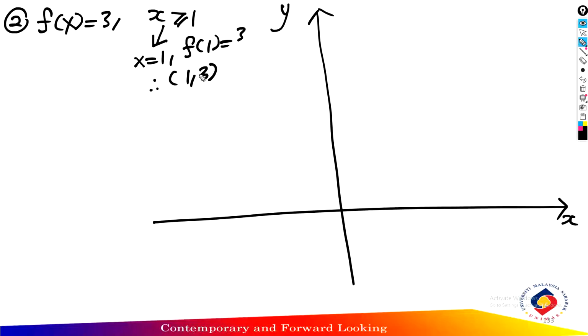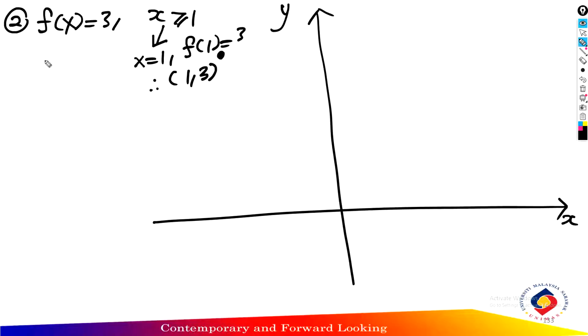Find the point at x equals 1, so f(1) equals 3. This function equals 3 at (1, 3). So at this point (1, 3), you put the filled circle, since it is greater than or equal to.